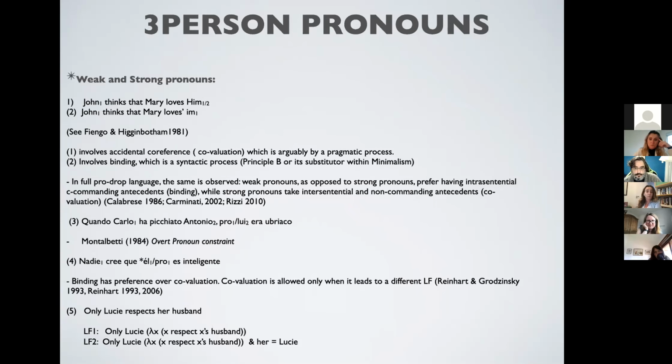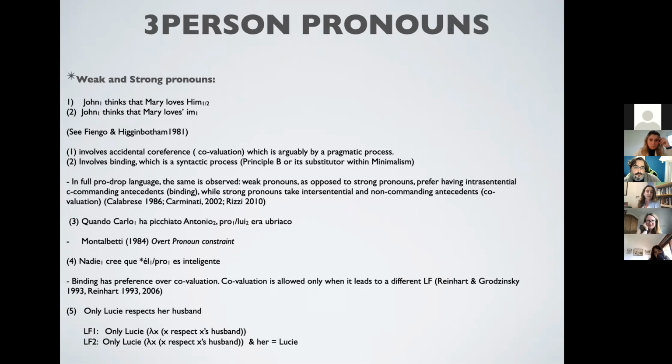And also binding has preference over covaluation. Covaluation is allowed only when it leads to a different interpretation. That's Reinhart's work. So if you have, for example, only Lucy respects her husband, you're going to have two readings here, one in which her is related to Lucy and another one in which it's going to vary.